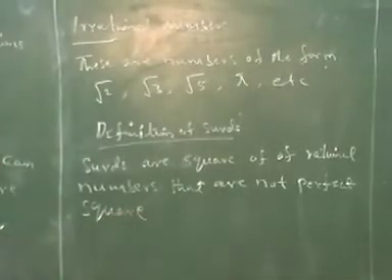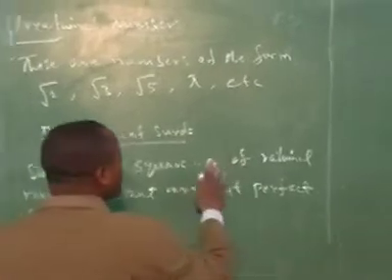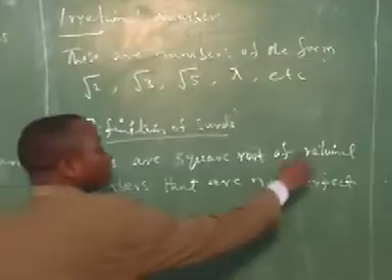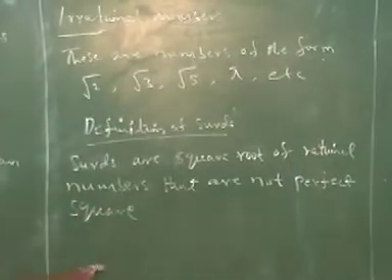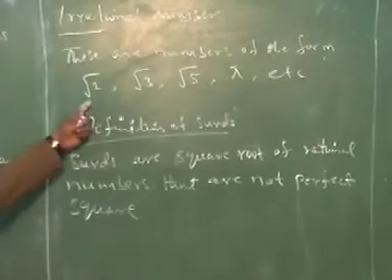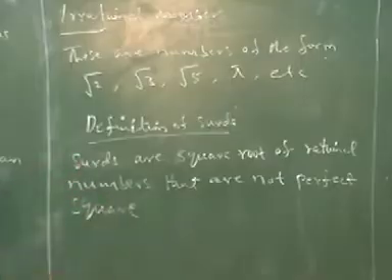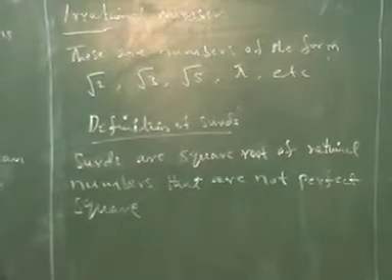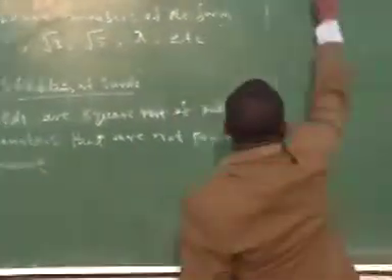Got that. So surds are square roots of rational numbers that are not perfect square. You can see that these ones we call surd because they are not perfect square. So these are surd.